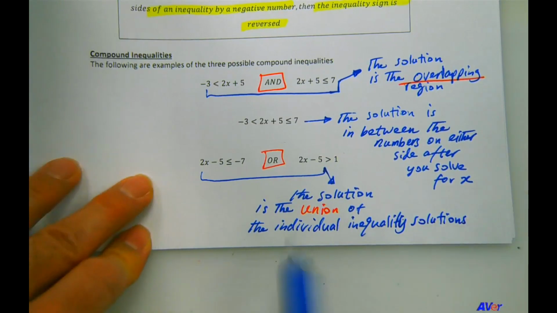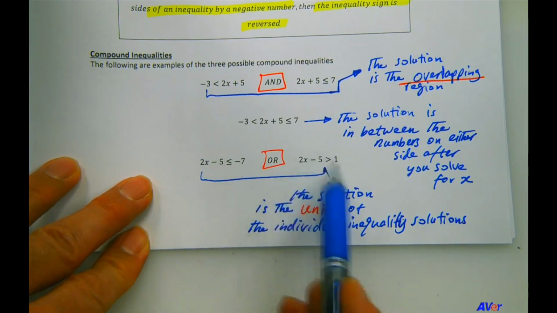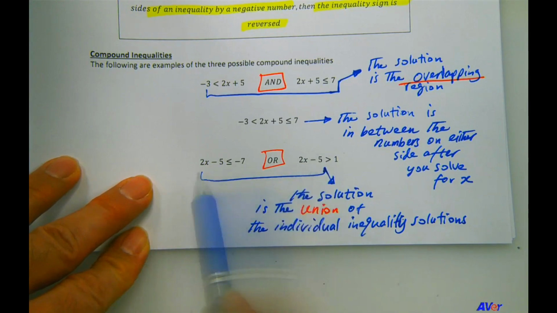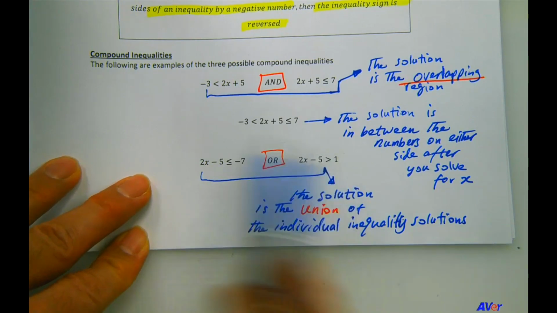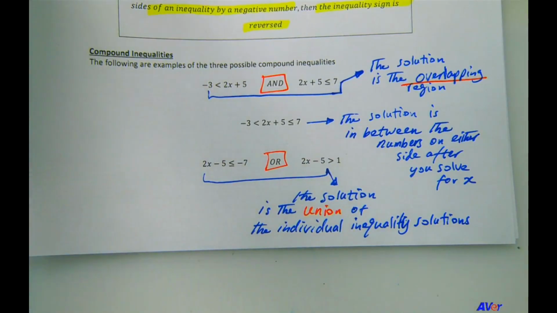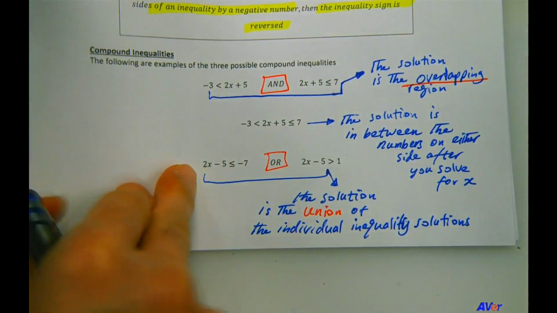Okay, that means exactly what I said earlier. Individually solve each inequality and then take the union of both solutions to find the solution of the entire inequality. Okay, so these are the three kinds of compound inequalities that we have. And we will look at examples of each one.